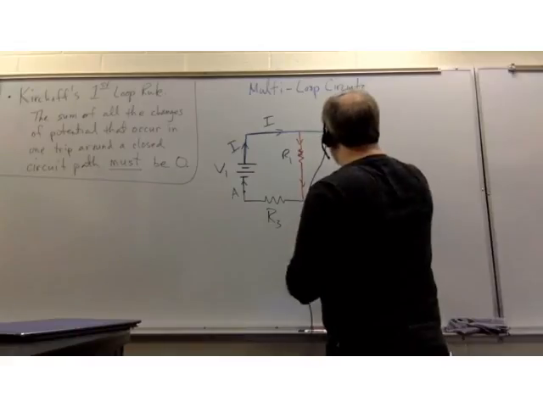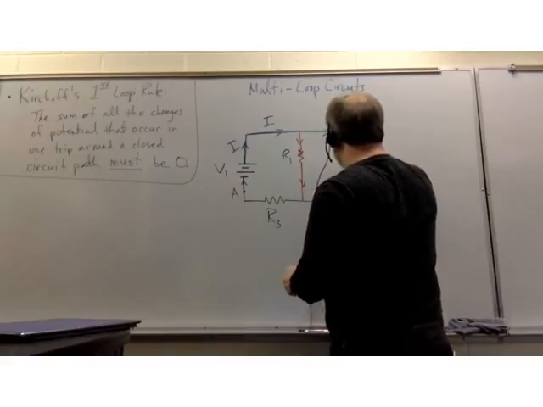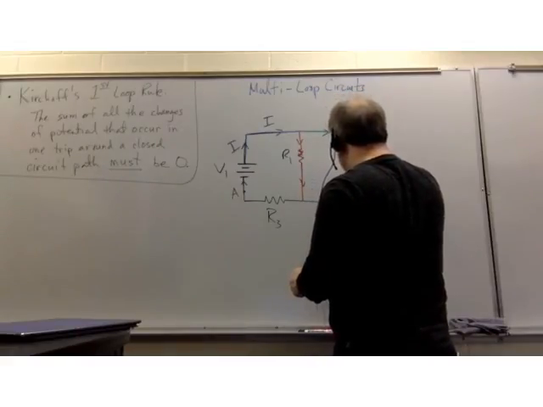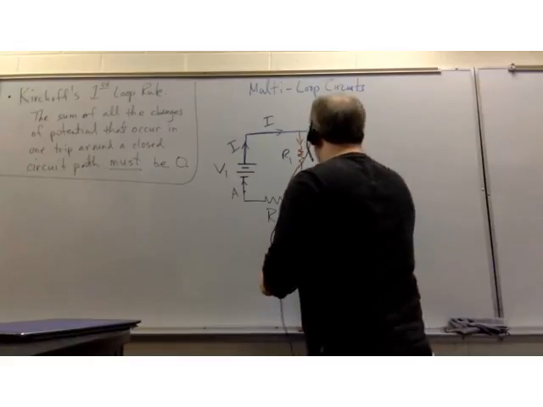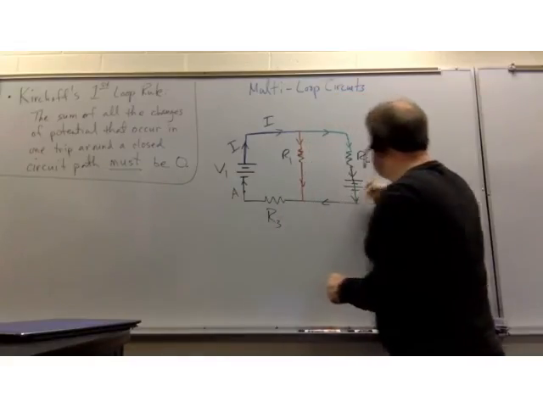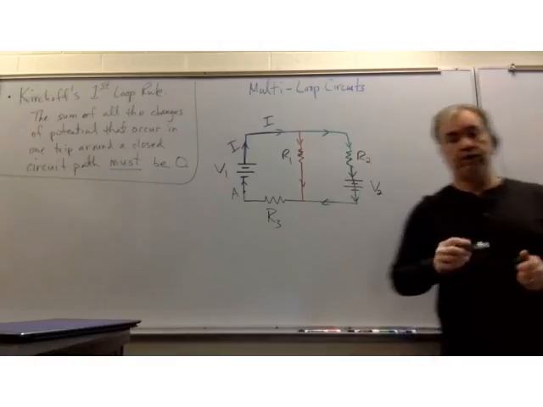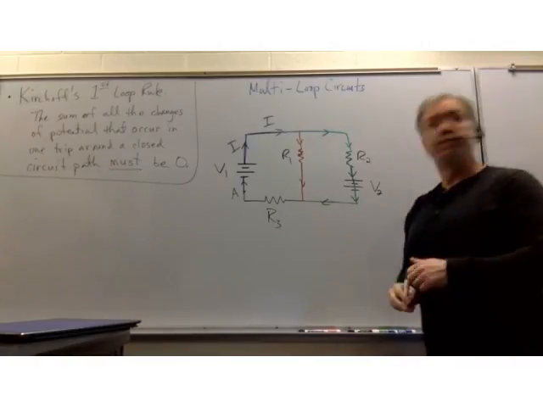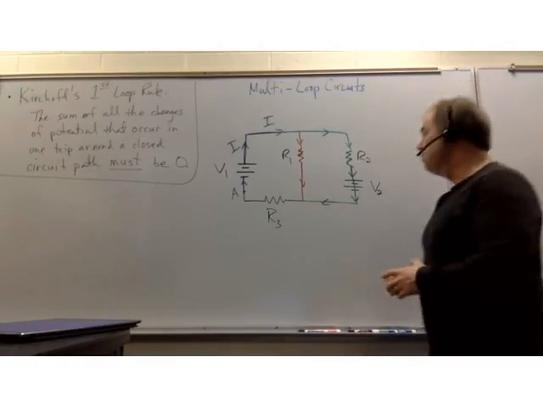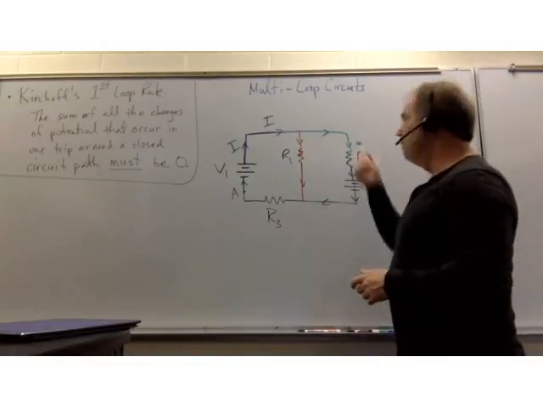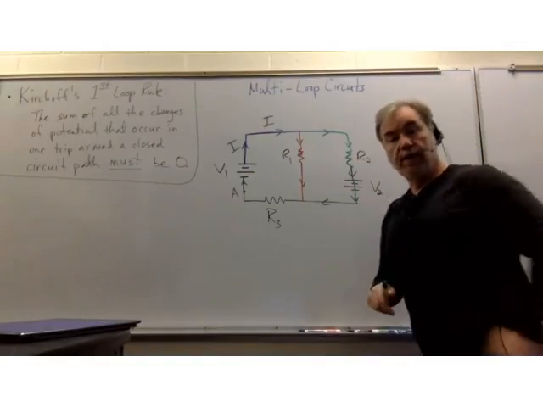I'm going through this drawing carefully because it's important that you realize what the current is doing in each section of the circuit. And that's best understood by color coding it in this way.